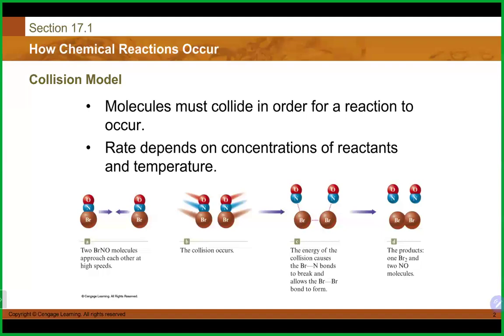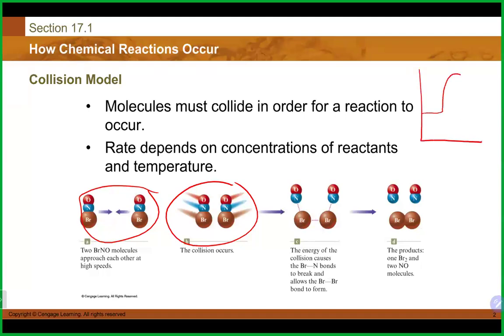And as those guys collide, as we see here, what will happen is we will start breaking some bonds and then we will start making some bonds. So if you remember, we had an energy diagram here, right? If these are reactants and these are products, as it's coming up this hill, which by the way is the activation energy hill, that activation energy hill is the amount of energy that's needed for this reaction to take place.